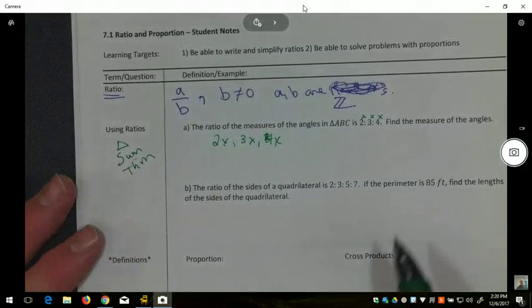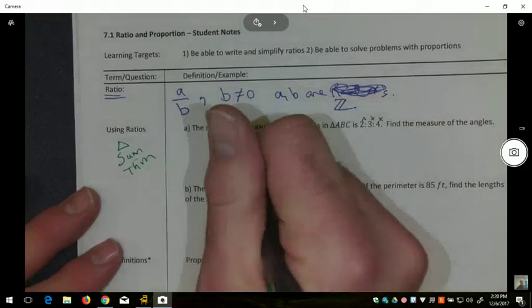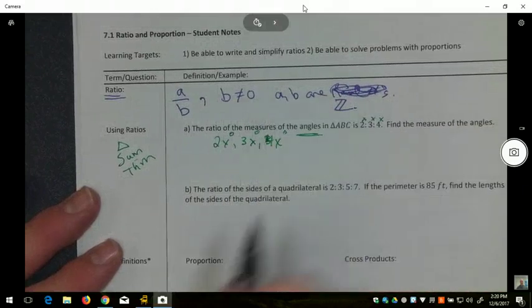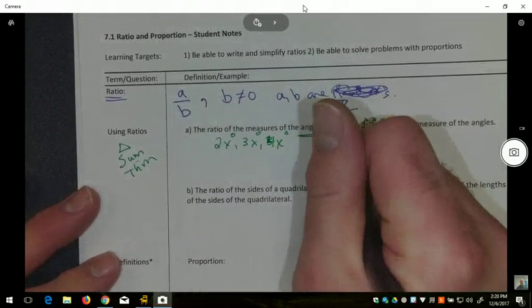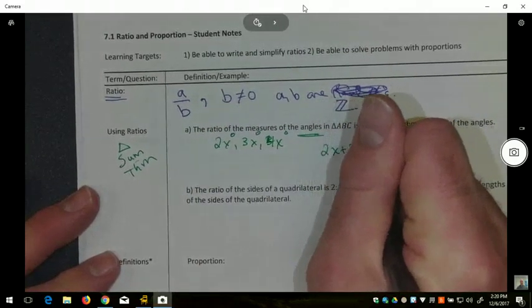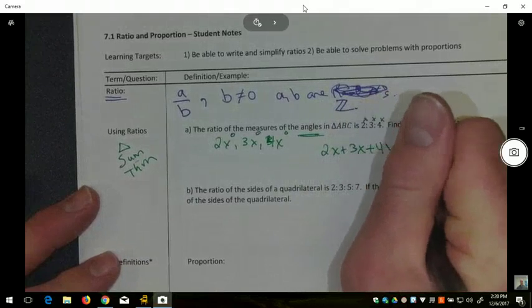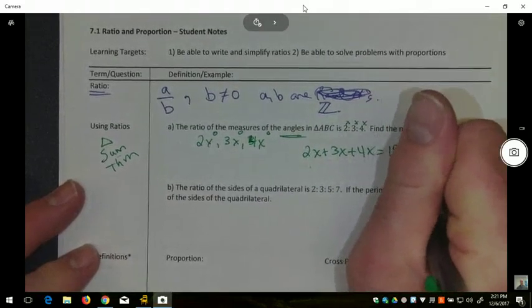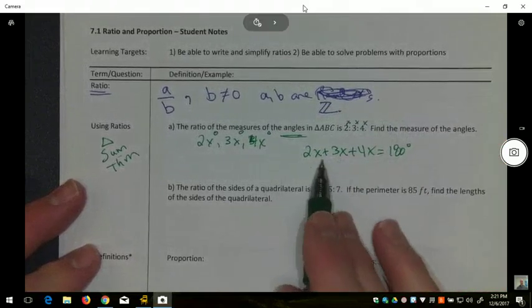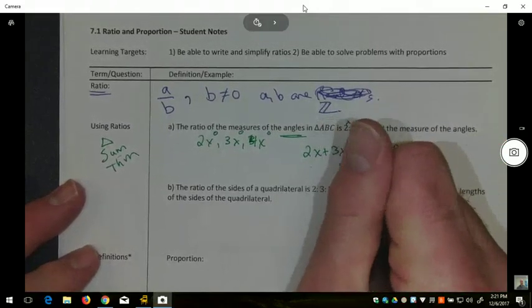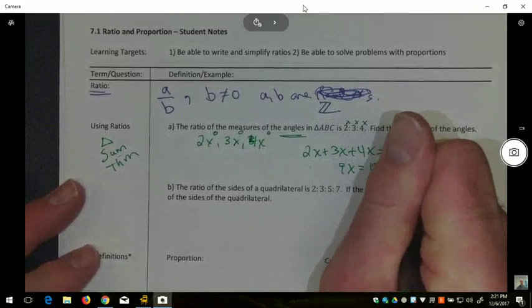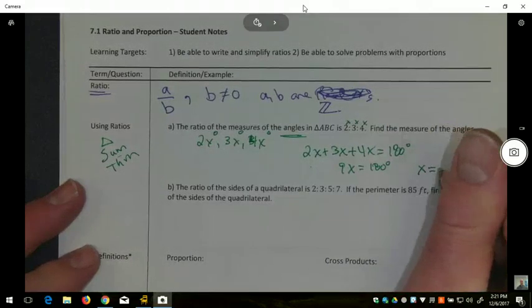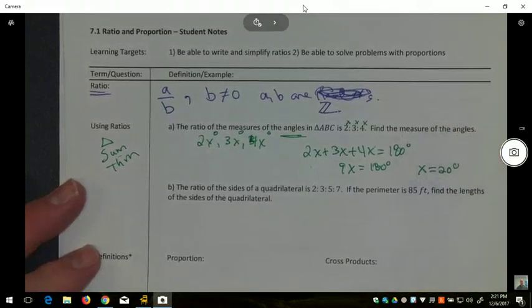Since the sum of the angles in a triangle is 180, 2x plus 3x plus 4x equals 180 degrees. This is 9x equals 180 degrees. Dividing by 9, x is 20 degrees.